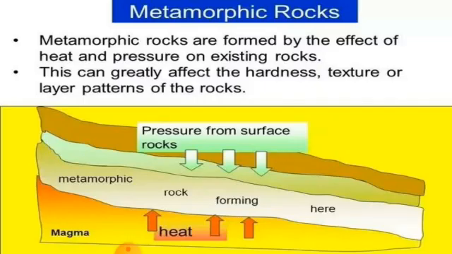Now, metamorphic rocks, the last type of rocks. Igneous and sedimentary rocks can be changed into metamorphic rocks under great heat and pressure. How are they formed? Under great heat and pressure.